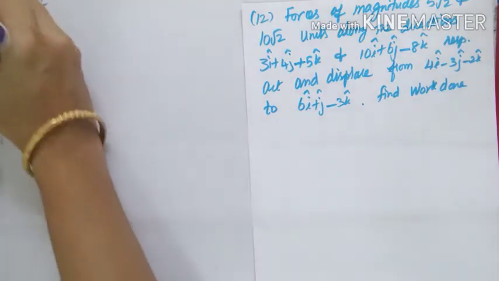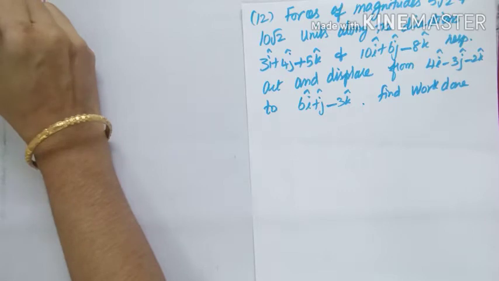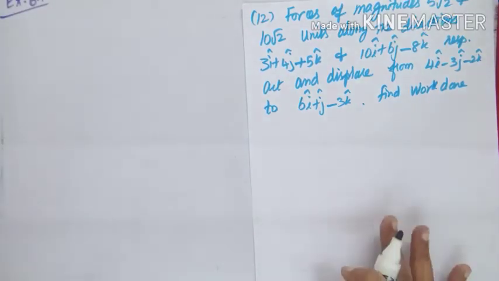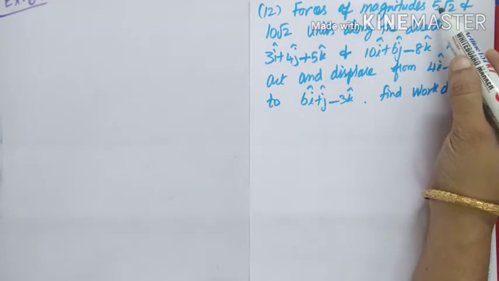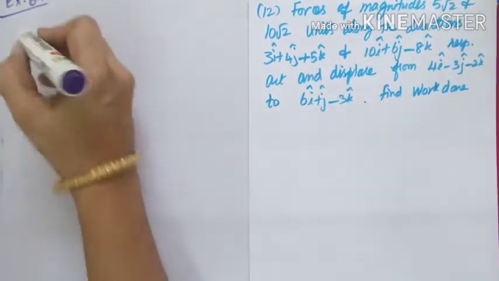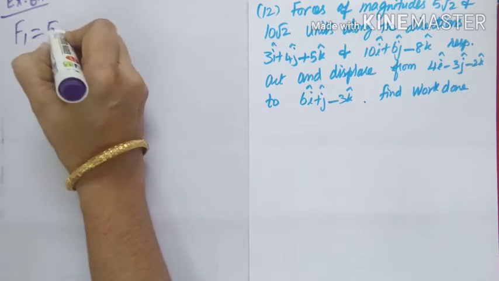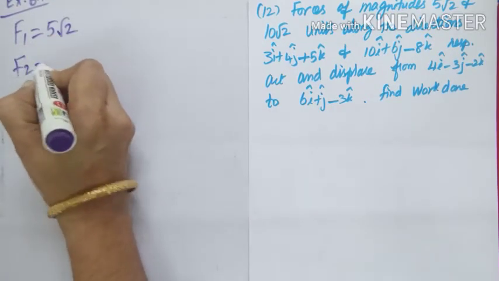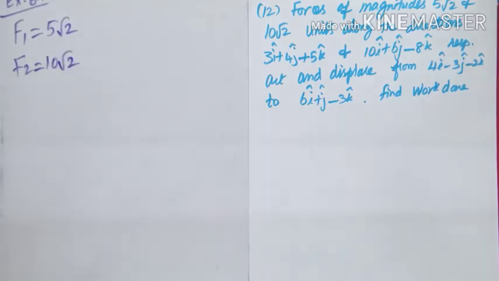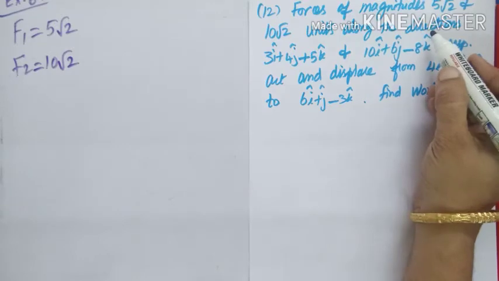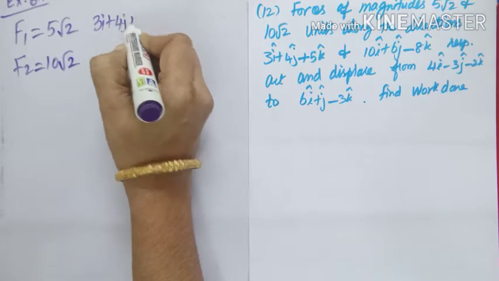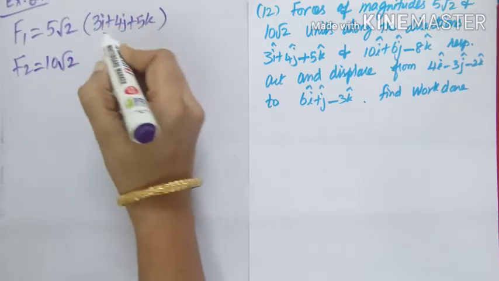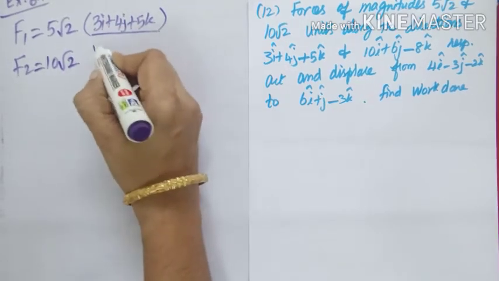Question number 12. We are going to find work done again. Here the forces are given with magnitudes 5 root 2 and 10 root 2. So force 1 is 5 root 2, force 2 is 10 root 2. This is only magnitude, so I must write the direction. What is the direction given? For the first force, it is 3i plus 4j plus 5k. What do you mean by the word direction?